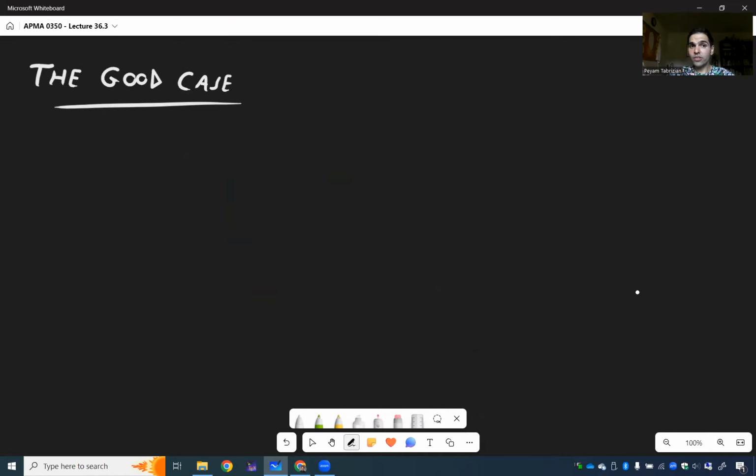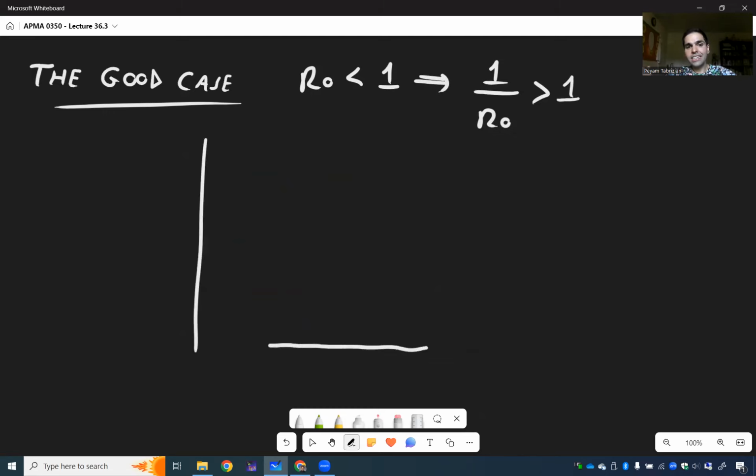So first, let's do the good case, where r naught is less than 1. And I'd like to remind you, this implies 1 over r naught is greater than 1. And again, this is the good case because we will never see the instability. Because remember, x is between 0 and 1.